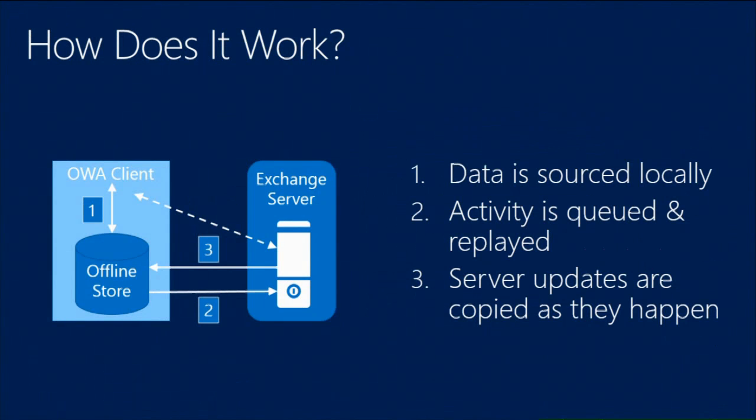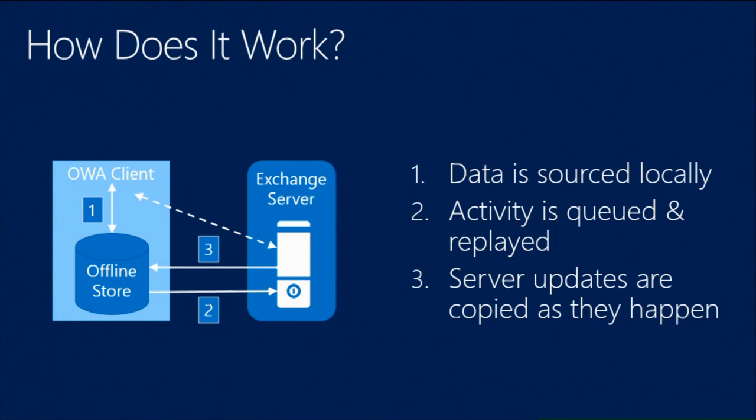What that does when you turn that on is we start using what we call an offline store, which is based on the browser. So IE10 or Chrome or Firefox, they basically have a local database that then we use to store all your items, inbox, calendar, contacts, and then all the activities that you perform while you're offline.